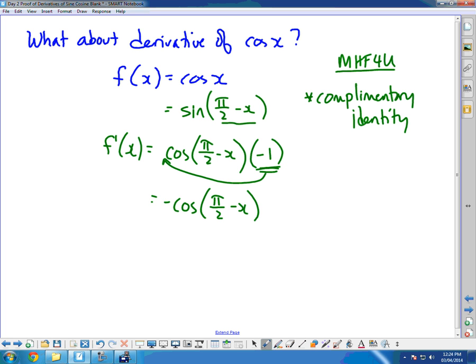And if we think about it, we're going to use the same complementary identity to go backwards. So we used it here and said that every cos can be expressed as a sine. Well, we're going to do it again and change this cos of pi over 2 minus x back into the sine.